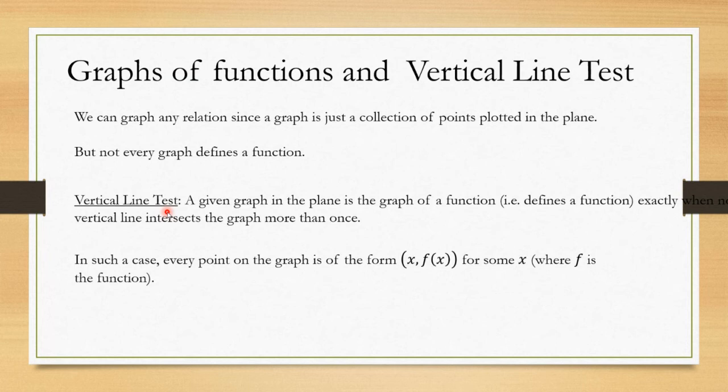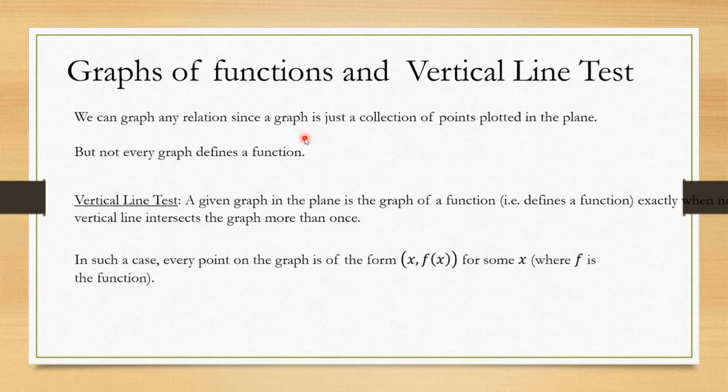Again, a relation can give us a function. Relations give us graphs, and from graphs we can get relations. So in other words, a graph is another way to define a function. And how do you know if you have a function from a graph? Just like for relations, we had to see, well, does this happen?